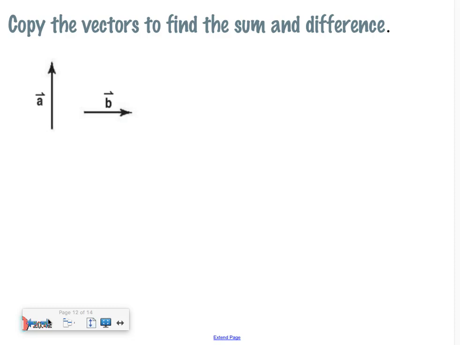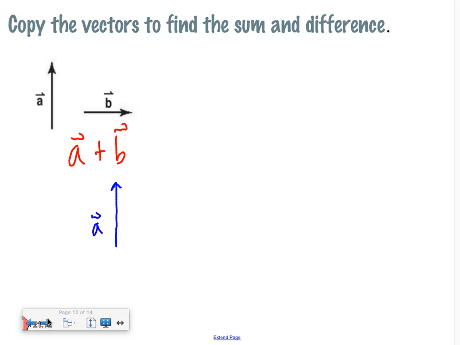So if I want to add vector A to vector B, let's go like that right now. Why don't you label this for me? Redraw vector A and give yourself some space. Try to be as close to the same direction it's going and about as long as it is.